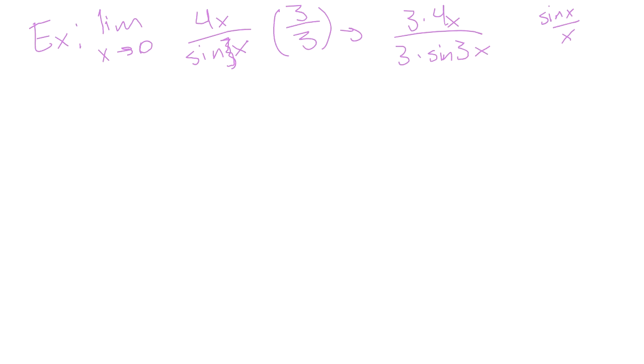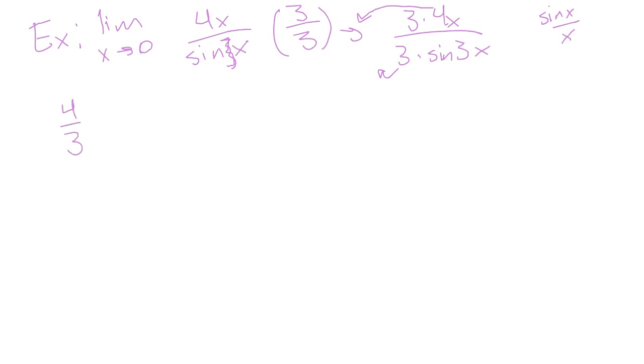Now we can selectively pull out some of these coefficients. We can pull out this 3 and pull out this 4. So now our equation looks something like 4 over 3.